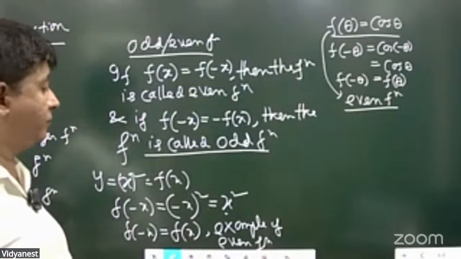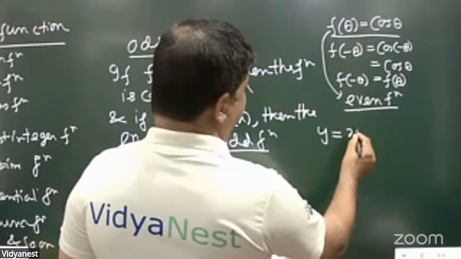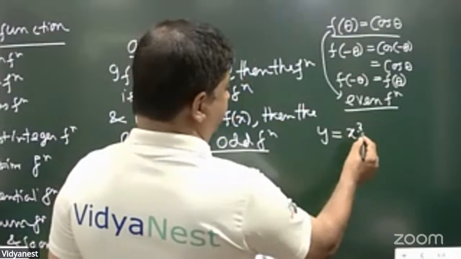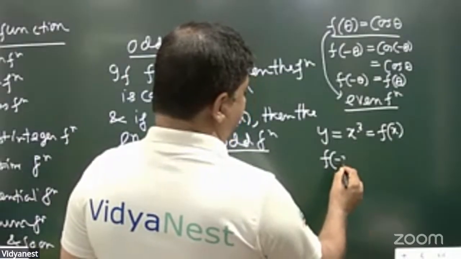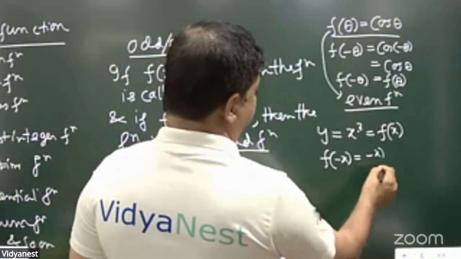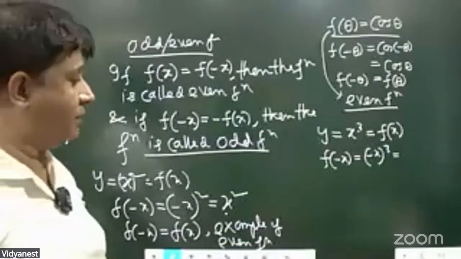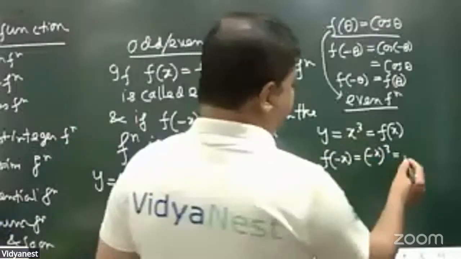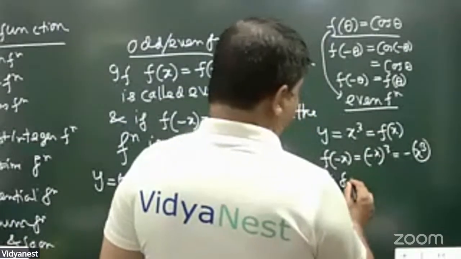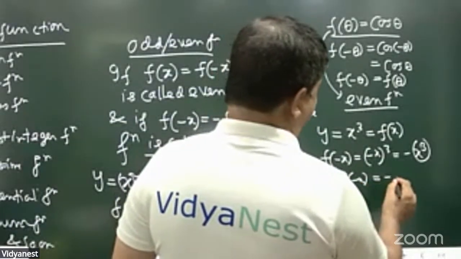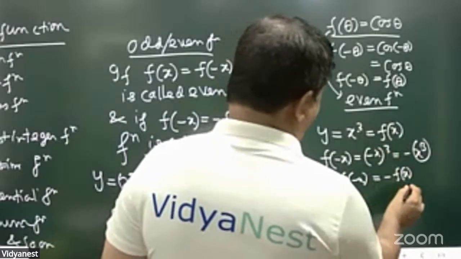Now, odd function, x cube. Will this minus sign persist? Yes, because the power is odd. So it is an odd function.